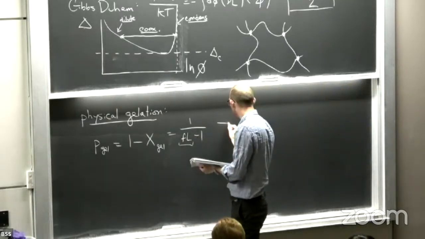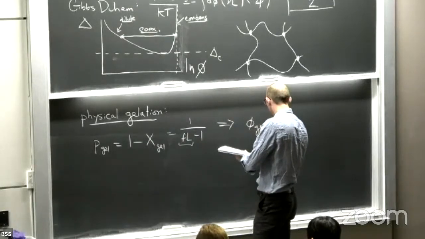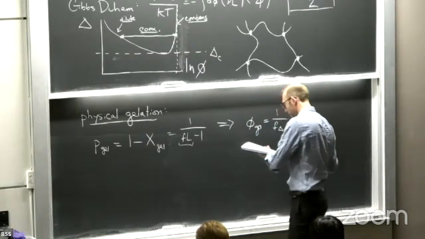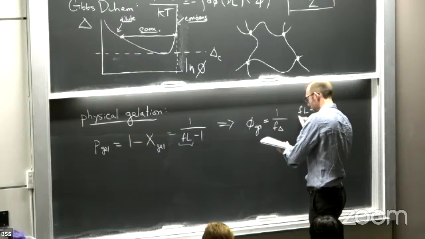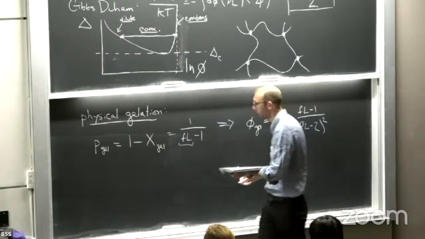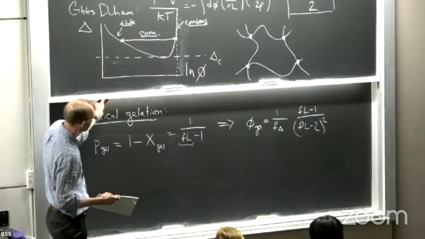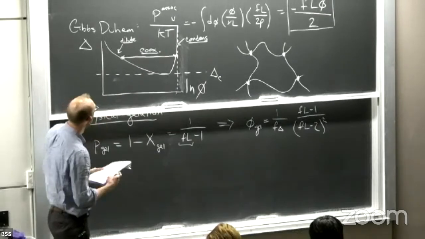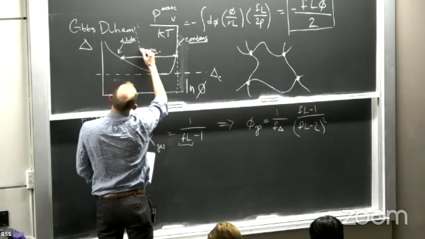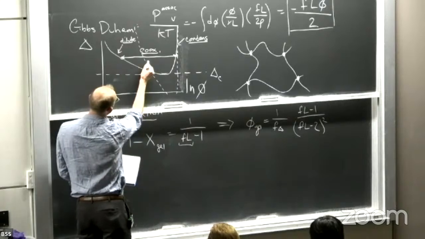And if you just plug in what we had over there, and do the algebra and get this expression. So we get another curve on this plot, which is our gel line.